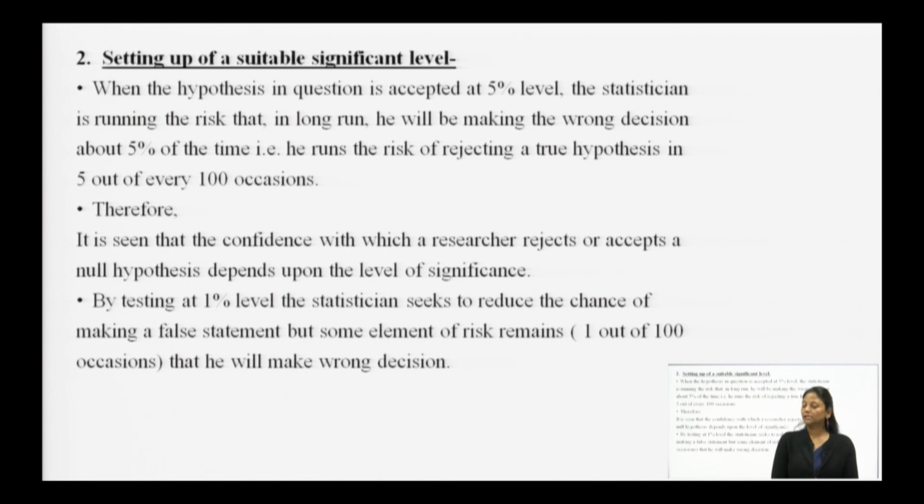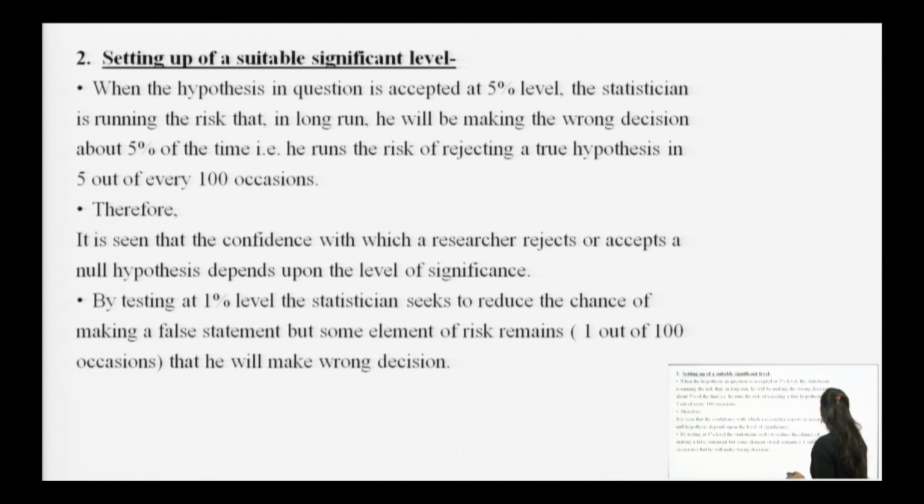Whereas by testing at 1% level of significance, the statistician seeks to reduce the chances of making a false statement, but some element of risk remains, 1 out of 100 occasions. That means he is taking a wrong decision only one time out of 100 chances.